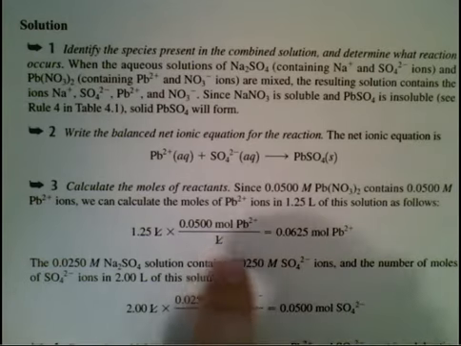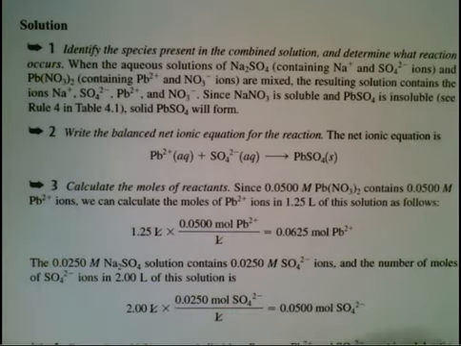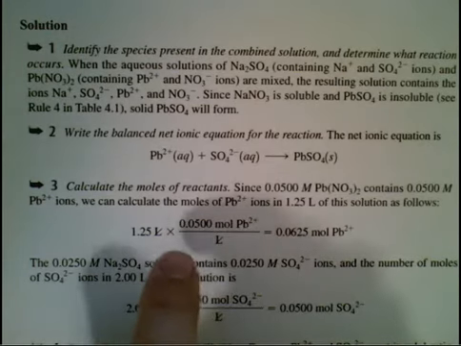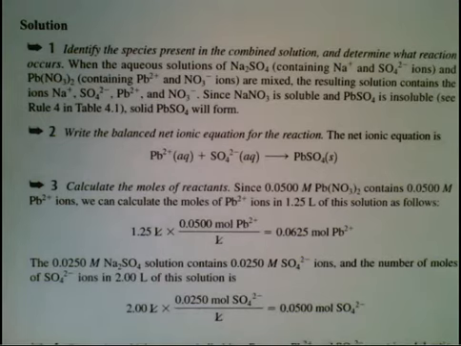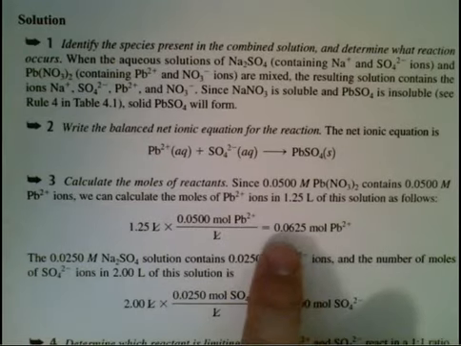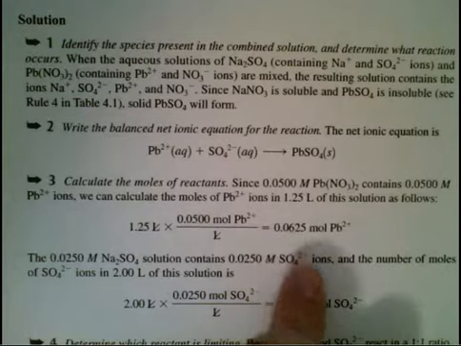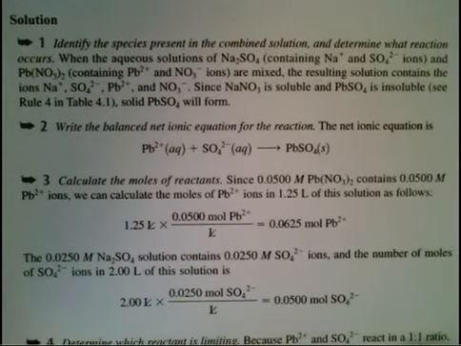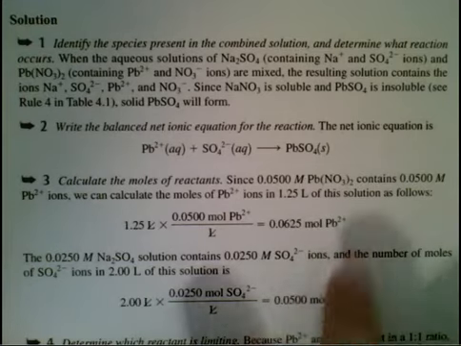Moles of solute over liters of solution. This simple calculation, 1.25 liters multiplied by 0.0500 moles of the lead ion over 1 liter. Liters cancel. We get moles of the lead 2 ion. We get 0.0625 moles of lead 2.